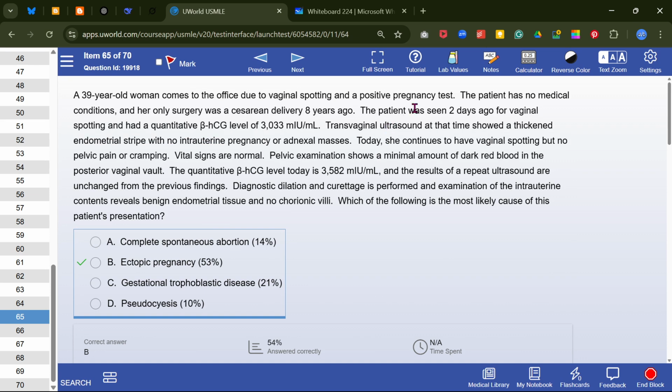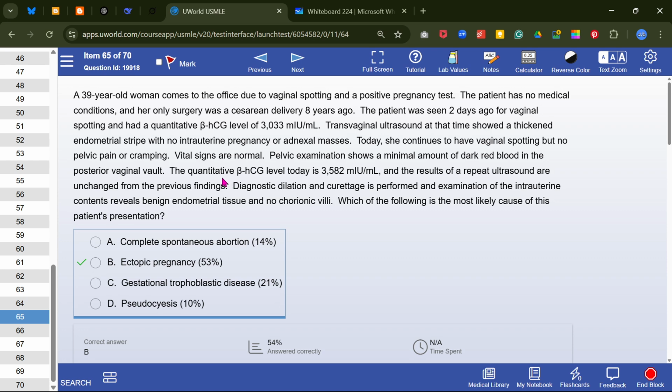If we look at this question, positive pregnancy test, vaginal spotting, beta-hCG is 3033, transvaginal ultrasound shows a thickened endometrial stripe, no intrauterine pregnancy.